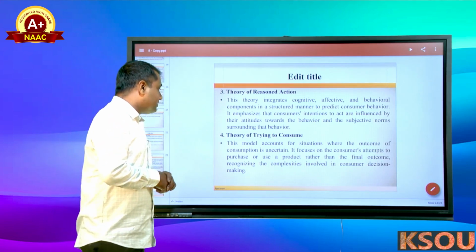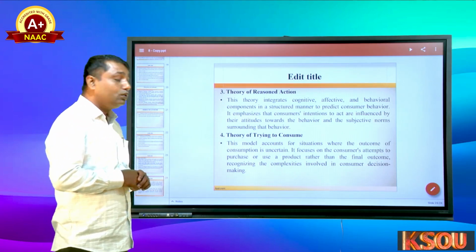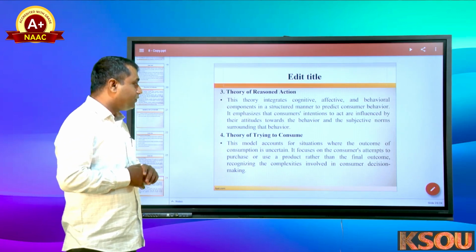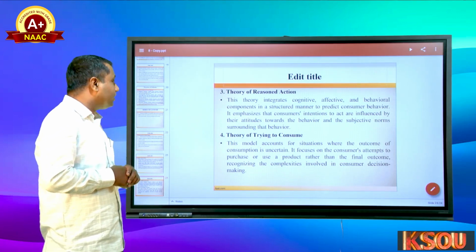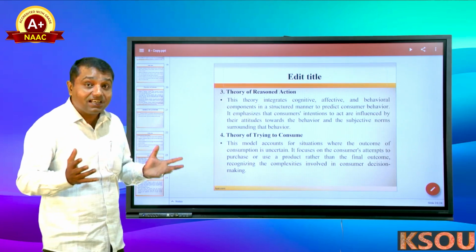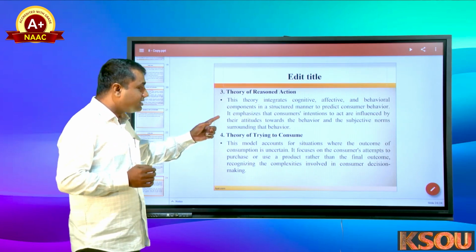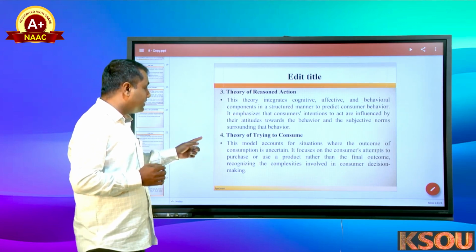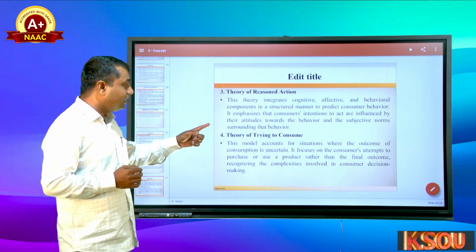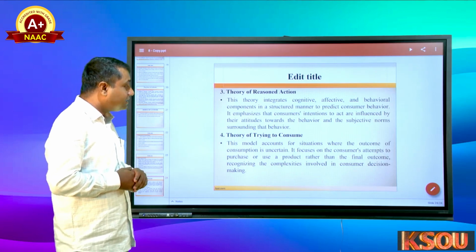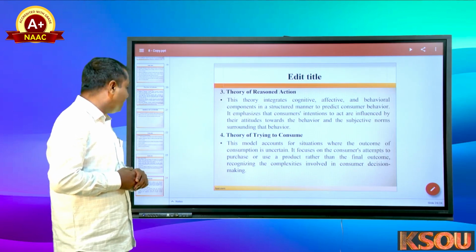The last one, the theory of trying to consume, accounts for situations where the outcome of consumption is uncertain and not defined. It focuses on the consumer's attempts to purchase or use the product rather than the final outcomes, recognizing the complexity involved in consumer decisions.